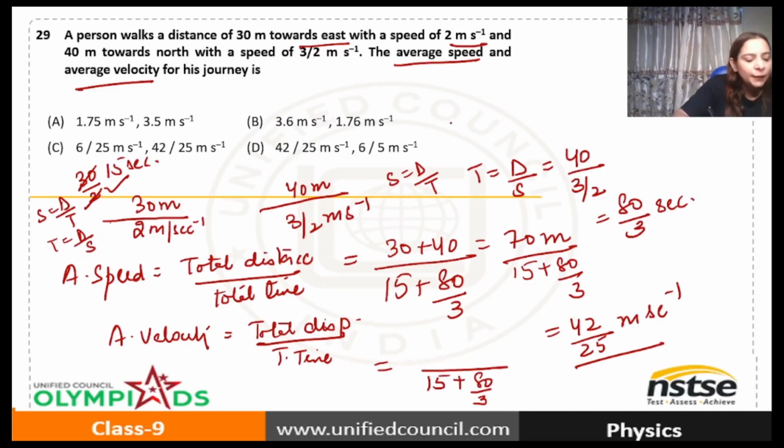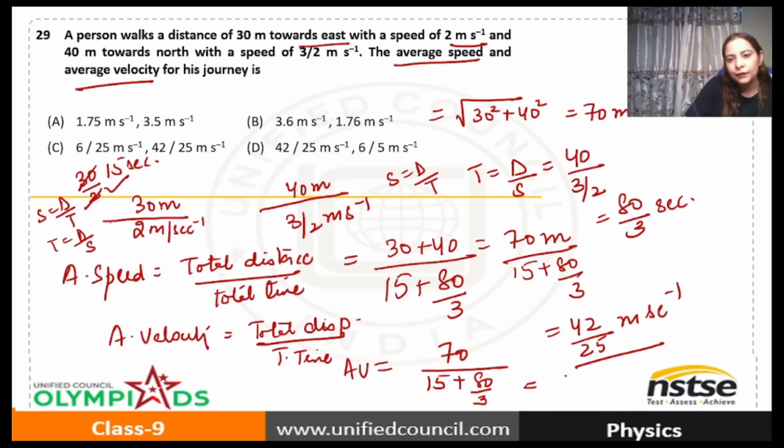So total displacement can be found as the square root of 30 square plus 40 square, and it comes out to be 50 meters. I hope you know how to find total displacement when the body is traveling towards east and towards the direction of north. So this is total displacement over total time. If you solve for it, you will get the answer as 6 by 5.